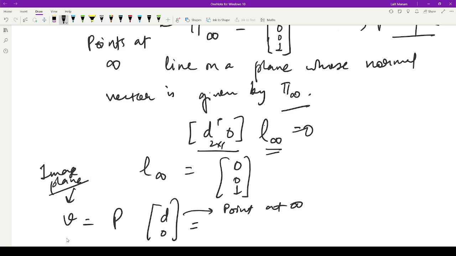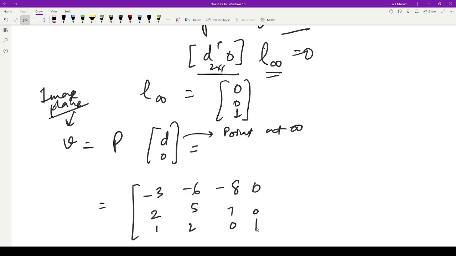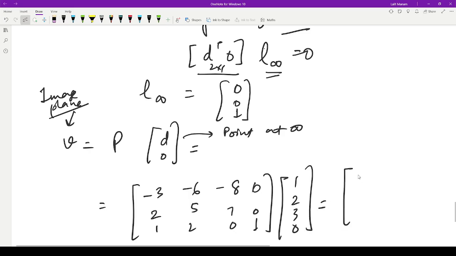Where it maps, we call that position the vanishing point. So if we write it explicitly, we get this answer. Is this question clear?